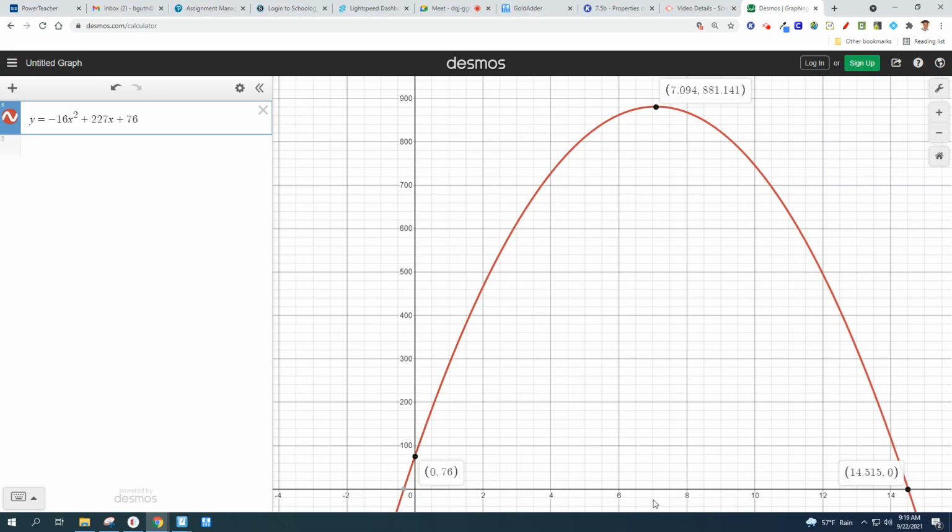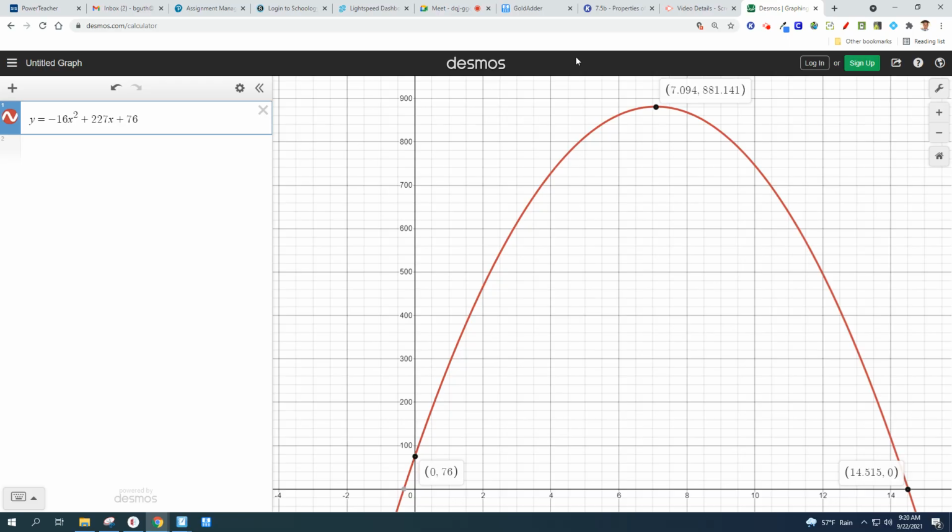Remember I changed my t's into x's. Your x-axis is your t-axis. It's talking about time, and so the x number is talking about time. So it's going to take a little bit more than 7 seconds to reach this maximum height of 881.1 feet or whatever.